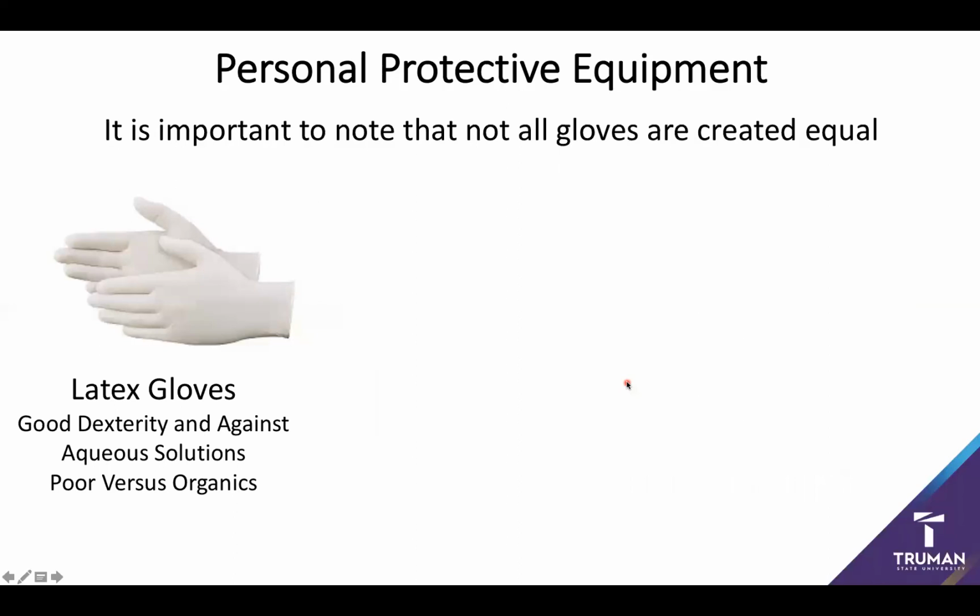Similarly, it's also very important to be aware that not all gloves are created equal. We saw this earlier when we were talking about Wetterhahn, who had a single drop of dimethyl mercury permeate through a latex glove. While latex gloves are great, and they're one of the more common forms of hand protection, the major reason why they're so commonly used is they provide very good dexterity, which is a very important feature when working in a lab, and they're good against most aqueous solutions.